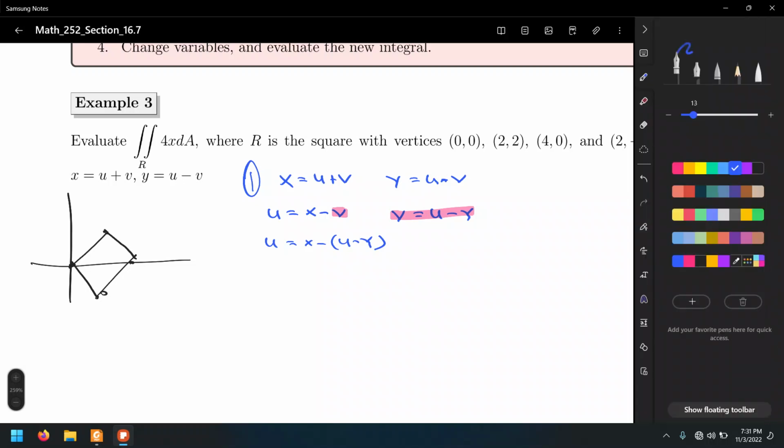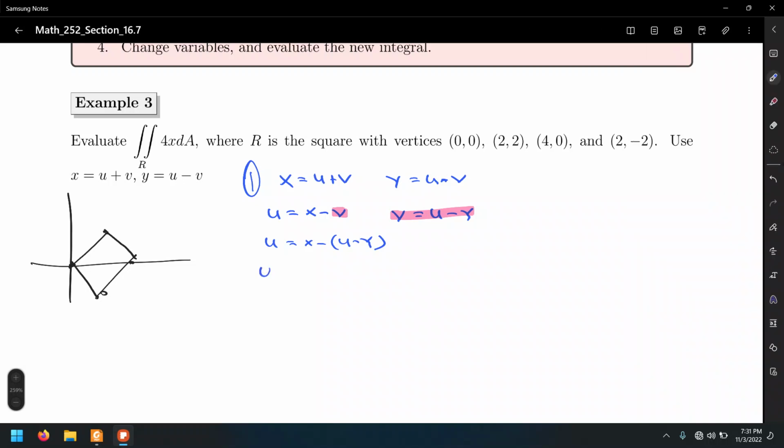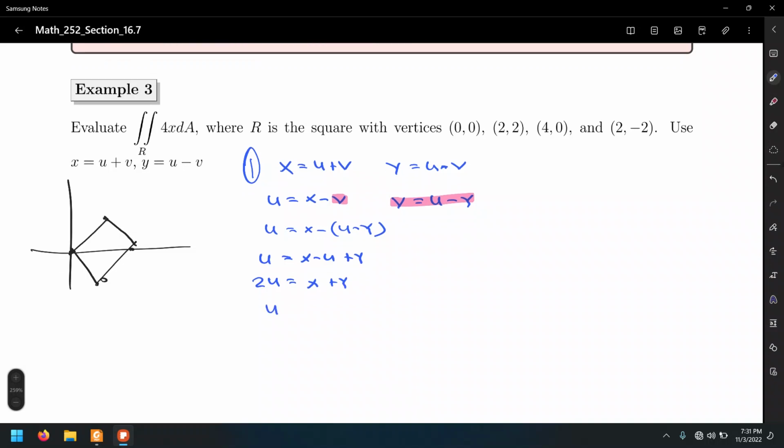Distributing the negative sign, u equals x minus u plus y. Moving the u to the right-hand side gives 2u equals x plus y. Solving for u, we get u in terms of x and y, which is one of the first parts of our main rule.